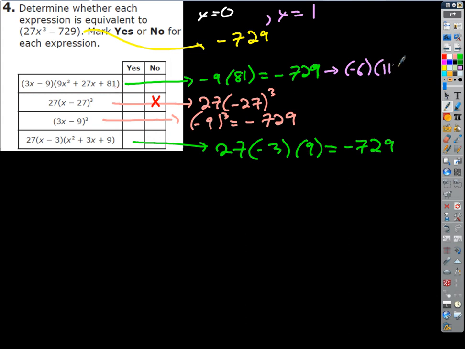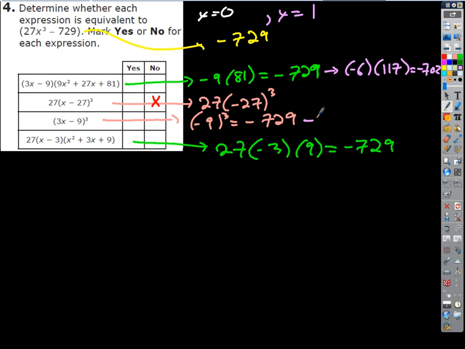That's going to give me some big number. It's going to be negative 702 when I multiply that out. That one's already out.